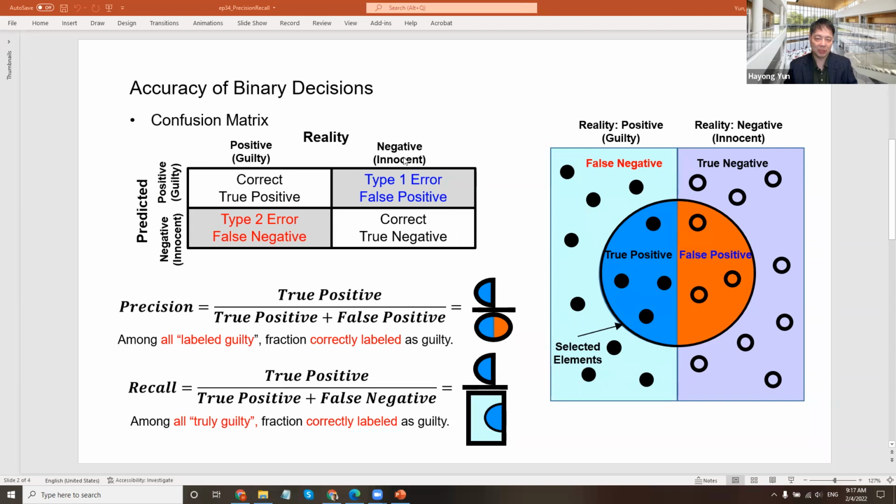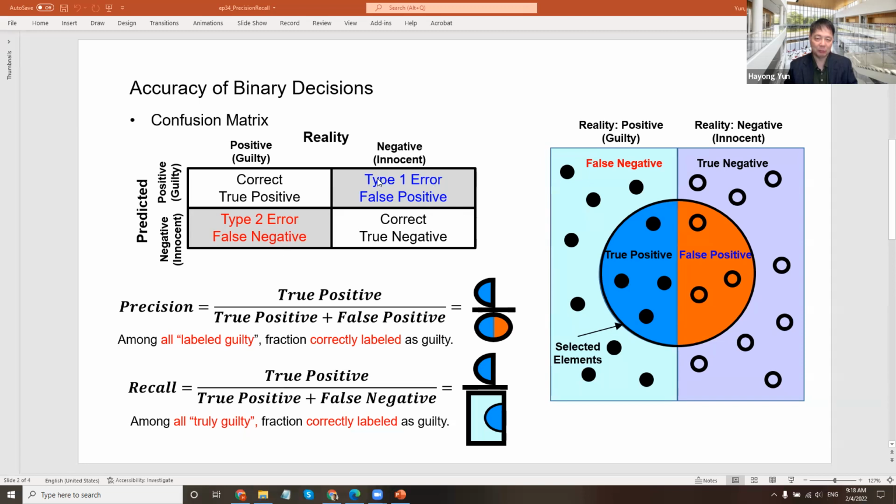When it's truly innocent and we don't accuse them, it's truly negative, also correct. But sometimes the model makes errors. Like the truly innocent one accused as guilty, which we call type 1 error, which is false positive. The opposite case is when it's truly guilty, but the model misses it. That's type 2 error, which we call false negative.